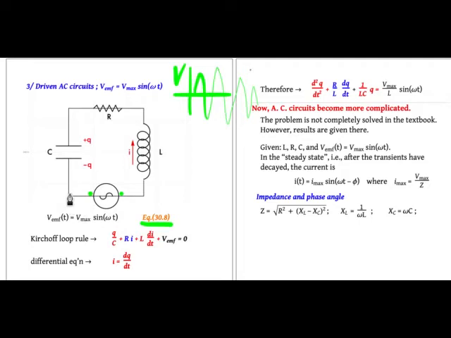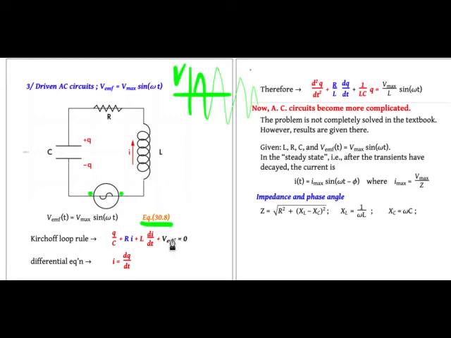Now the Kirchhoff loop rule has 4 terms. We still have the potential difference across the capacitor, across the resistor, and across the inductor, just like before, plus the potential difference across the generator, between the two terminals of the AC current generator.